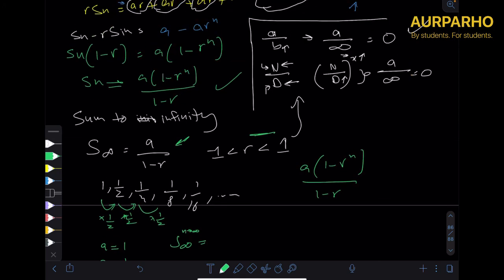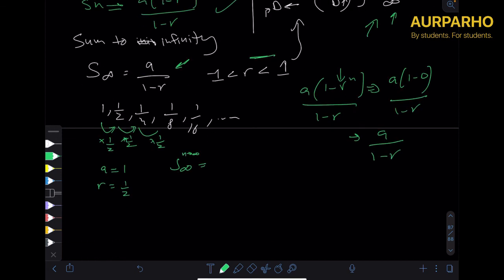And if n is over here in the power, so if you're raising your r to the power n as explained earlier, this will become 0. When n is approaching infinity, this number is becoming 0. Since this number is becoming 0, you just get 1 minus 0 over 1 minus r, which is just a over 1 minus r.